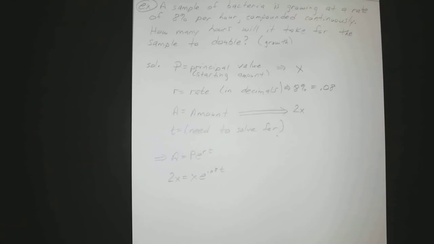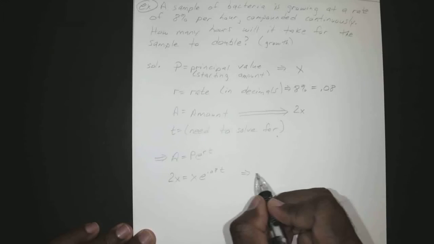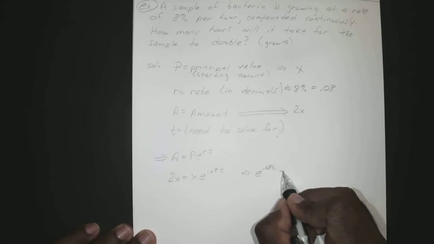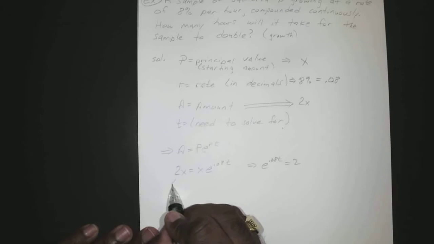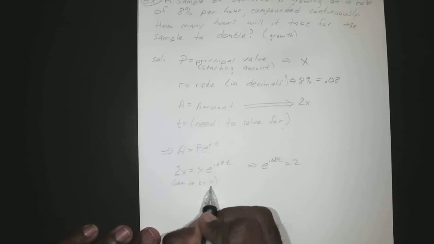Okay. So if we divide both sides by x, we actually end up with just e to the 0.08 t equals 2. Then we just apply our natural log.